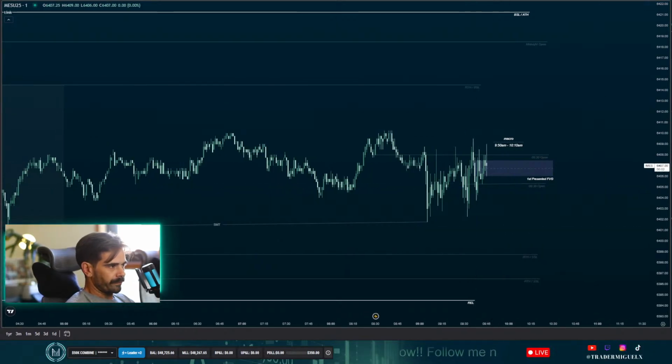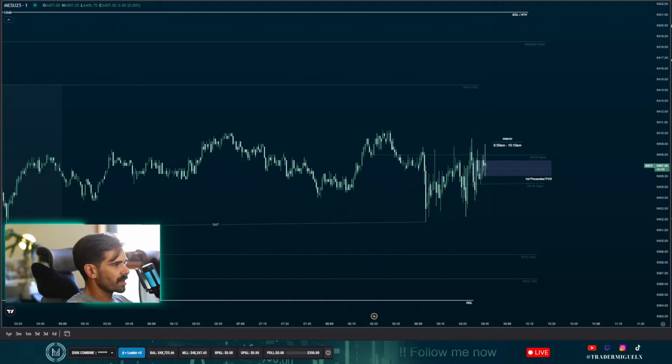Still waiting. Price action here on ES is not very enticing to do anything. So no major sell side or buy side liquidity points are taken here on ES. It's just barcoding for me right now.